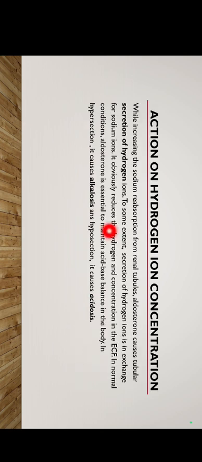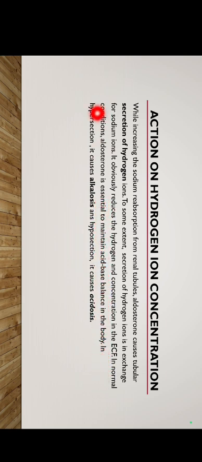Action on the hydrogen ion concentration. While increasing the sodium reabsorption from the renal tubules, aldosterone causes tubular secretion of hydrogen ion. To some extent, secretion of hydrogen ion is in exchange for the sodium ion. It thereby reduces the hydrogen ion concentration in the ECF.